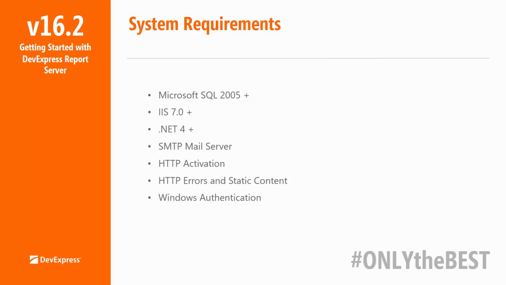You need, and it is a prerequisite, to have access to an SMTP mail server. Now, that doesn't mean you've got to have dedicated software installed. In the example I'm showing you today, I'm authenticated with my Office 365 account for outgoing mail. And then there are some Windows features that need to be set up on your machine, such as HTTP activation, HTTP errors and static content, and Windows authentication.